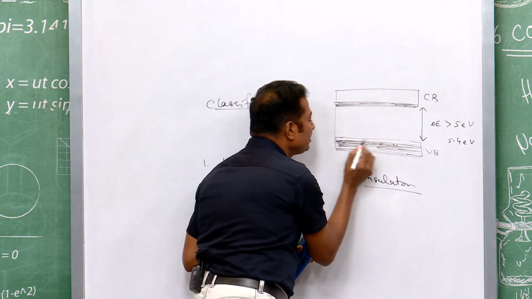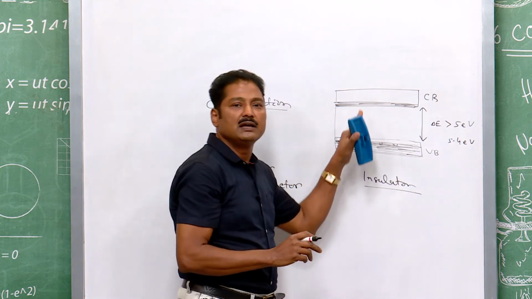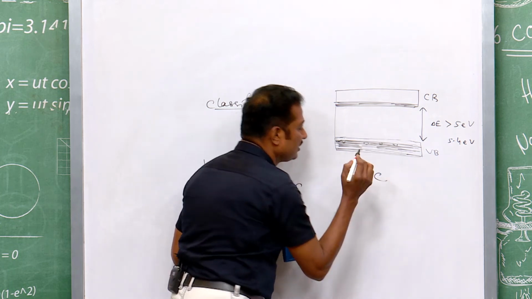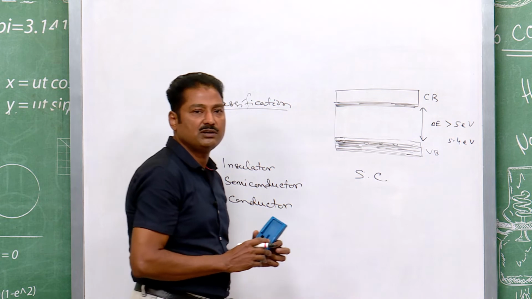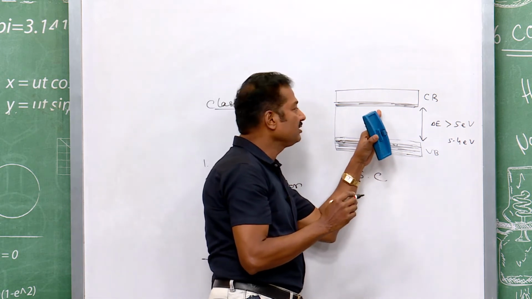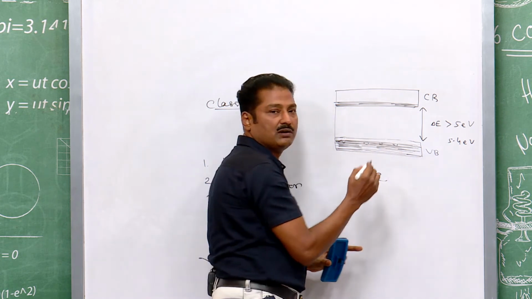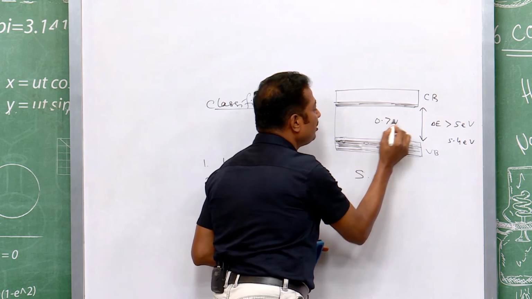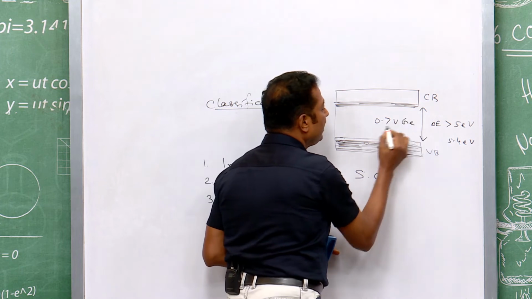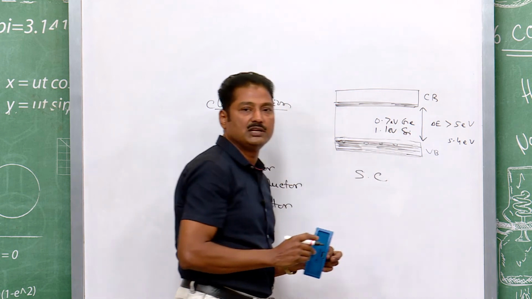So, the valence band is nearly filled and the conduction band is nearly empty, and the gap is very small. It is 0.7 eV for germanium and 1.1 eV for silicon.